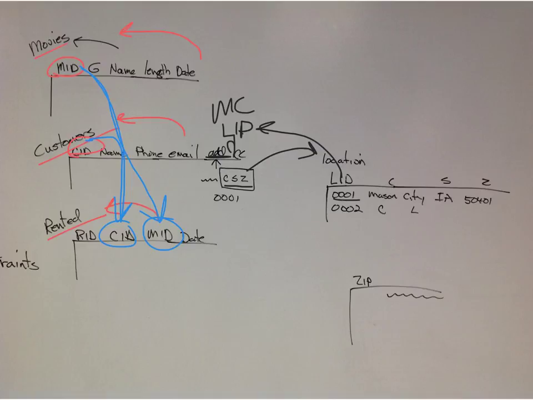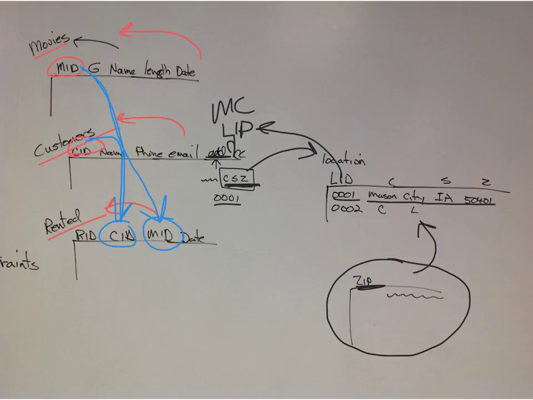And then maybe this is the number for Mason City. Now we just put this number in instead of all this information. It's referred to as normalizing the table. So then we can store this information over here. Some places actually just store the zip, and then they use the zip to look up the city. A lot of information, but the more and more we go over it, the easier it'll be to understand. That's it.